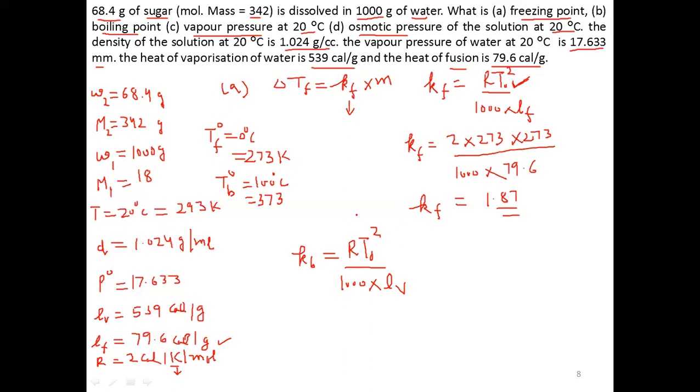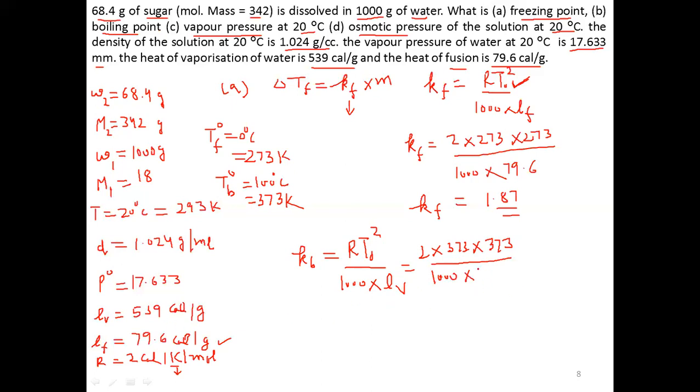So when we put the value in Kelvin, we have to use the value of temperature in Kelvin. Why? Because value of R has units of calorie per Kelvin per mole. So KB is 2 into 373 into 373 divided by 1000 into LV.